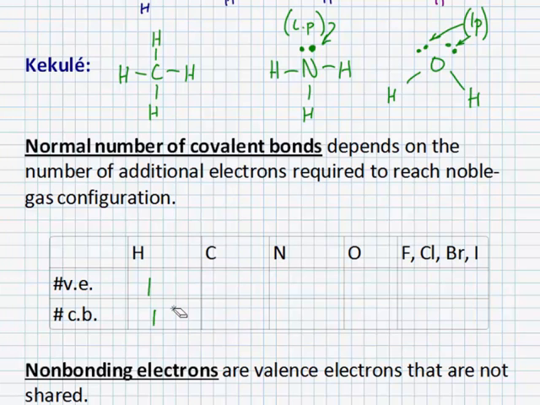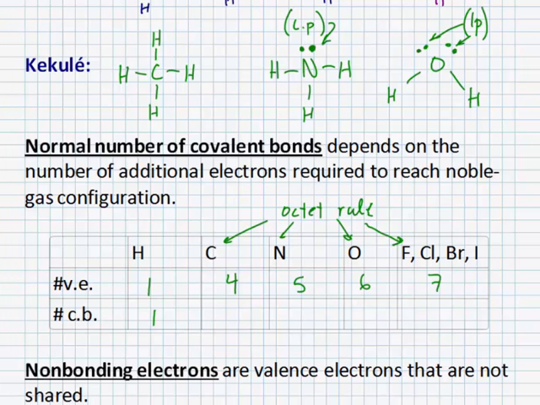So carbon has 4 valence electrons, nitrogen 5, oxygen 6. All these halogens have 7, right? So again, let's use the octet rule for carbon, nitrogen, oxygen, and at least for fluorine.